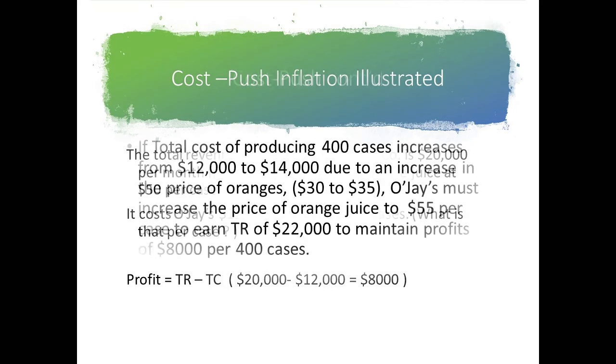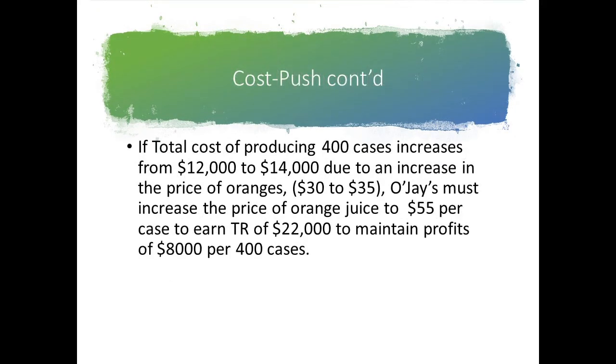Now, if producing the same 400 cases increases from $12,000 to $14,000 due to an increase in the price of oranges, that means the cost of producing is moving from $30 to $35.